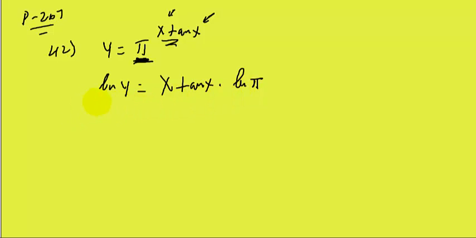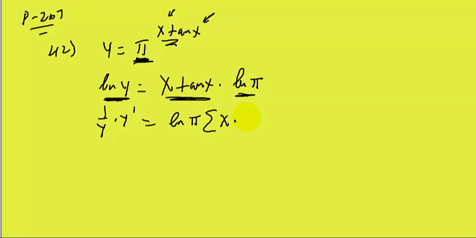Now we can take the derivative of this. So chain rule here, 1 over y times y prime. Well, this is just a coefficient, so I'm just going to move the ln of pi out to the front. And when I take the derivative of this, I have to use a product rule. First times the derivative of second, which is secant squared x, plus second, which is tan x, times the derivative of first, which is that.